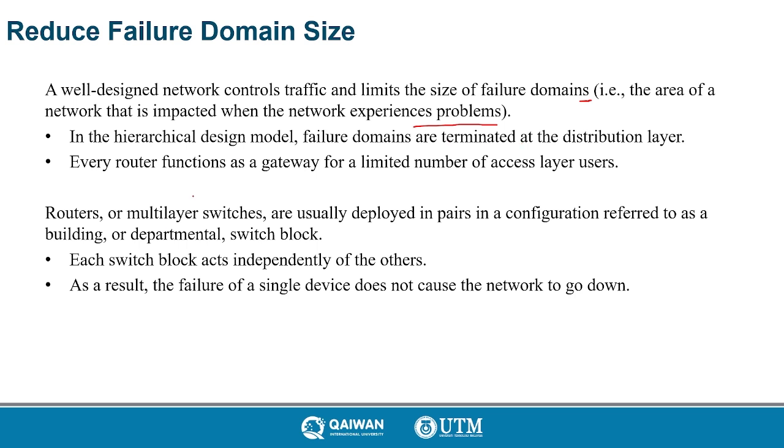Every router functions as a gateway for a limited number of access layer users. Routers or multilayer switches can work together in nearly the same way, and are usually deployed in pairs in a configuration referred to as a building or departmental switch block. Each switch block acts independently of the others.